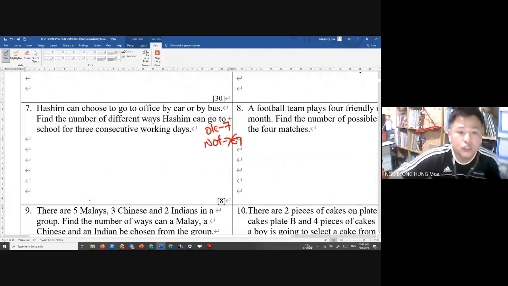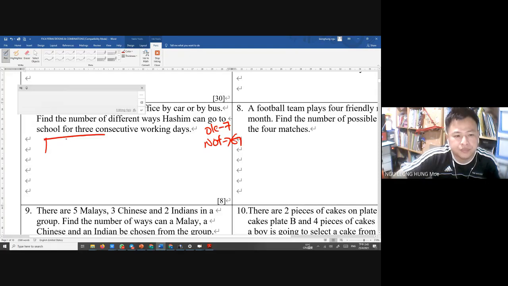He can choose to go to office by car or by bus. So how many ways for three consecutive working days? That means he can choose to use the car or the bus. So if he has 3 days, the first day car, the second day car, the third day bus, or other combinations, how many choices does he have?